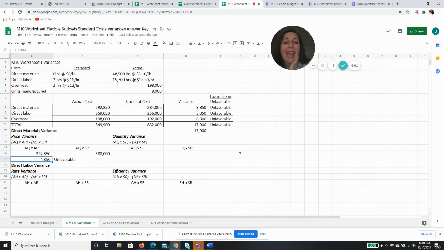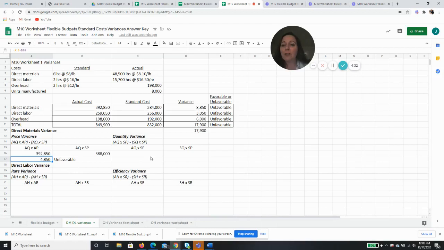Maybe they say, we actually talked to engineering and we were getting a lot of scrap, so we decided to pay a little more but get a higher quality of material, right? There's a million reasons. They might be okay. They may be something that we're like, yeah, that's a good decision. Or it may be that we say, ooh, that's a problem. Can we fix it? But at least now we know how much of our variance was coming because we paid more than we expected, and we were able to go ask those questions.